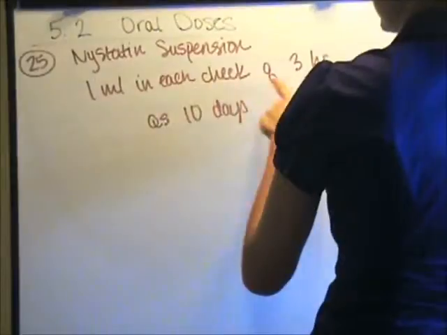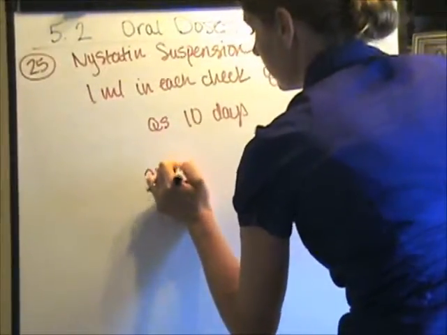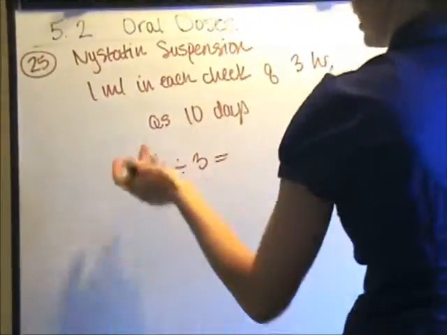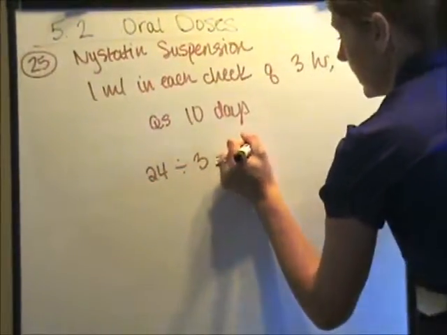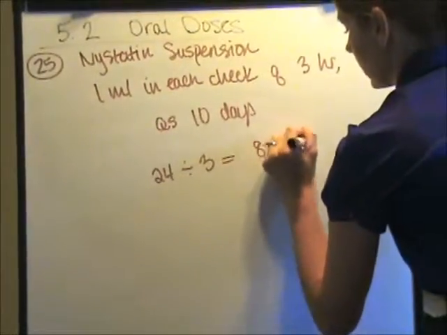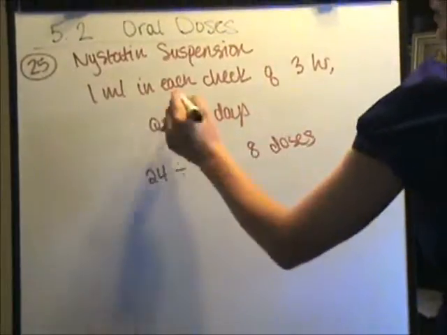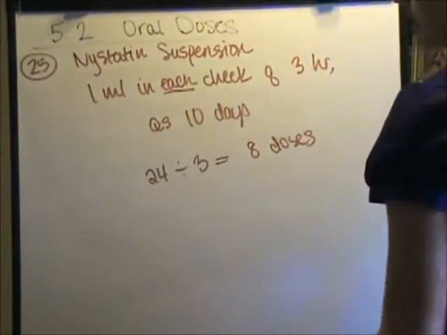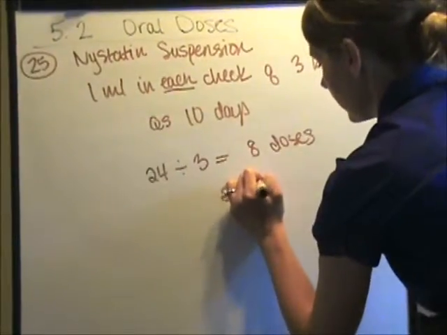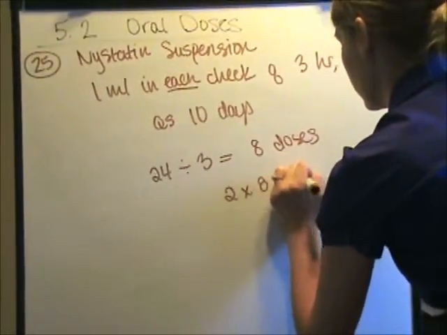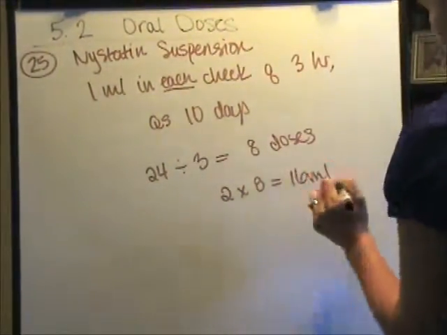Let's see, if it's every 3 hours, we know that there's, first of all, 24 hours in a day, divided by 3. We need to find out how many doses they need every day. 24 divided by 3 is 8, so we know they're going to have 8 doses a day. If they're taking 1 ml, don't let this confuse you, we have 2 cheeks. So 2 ml times 8 doses is equal to 16 ml.